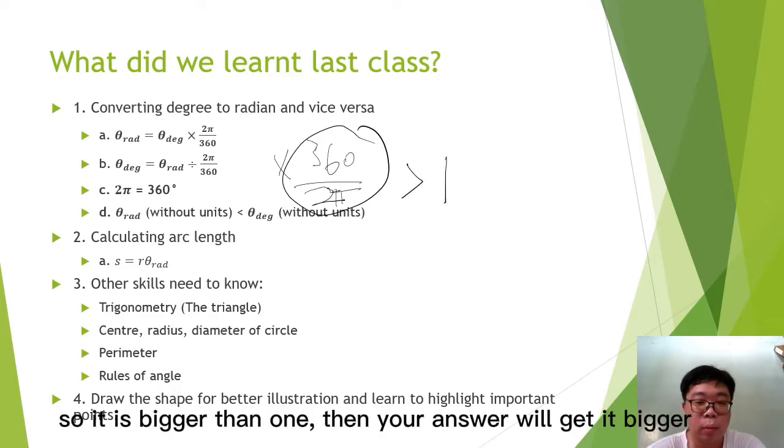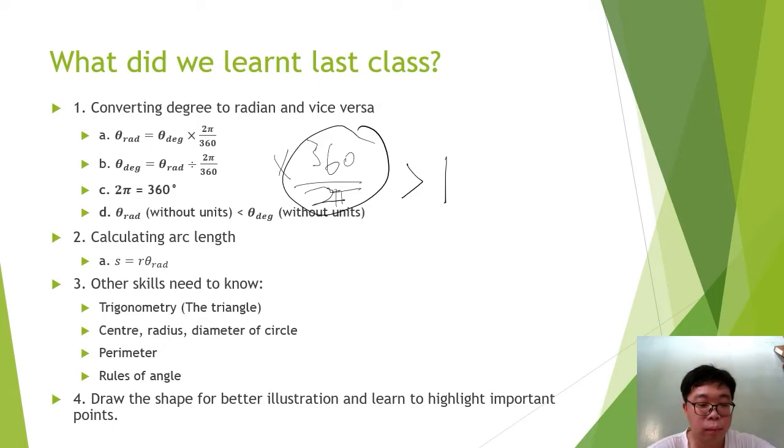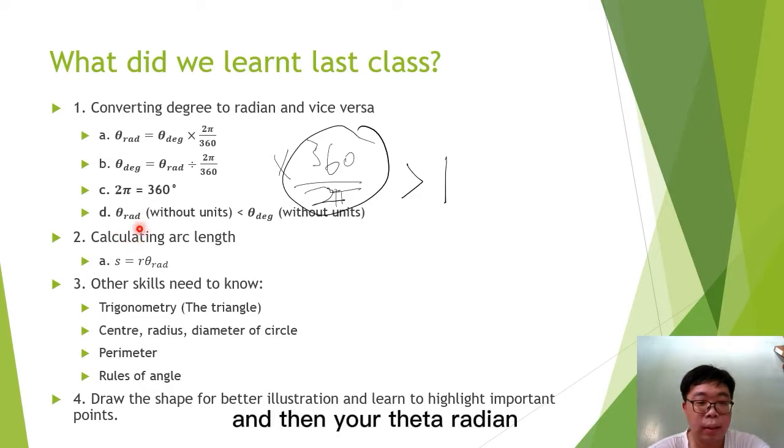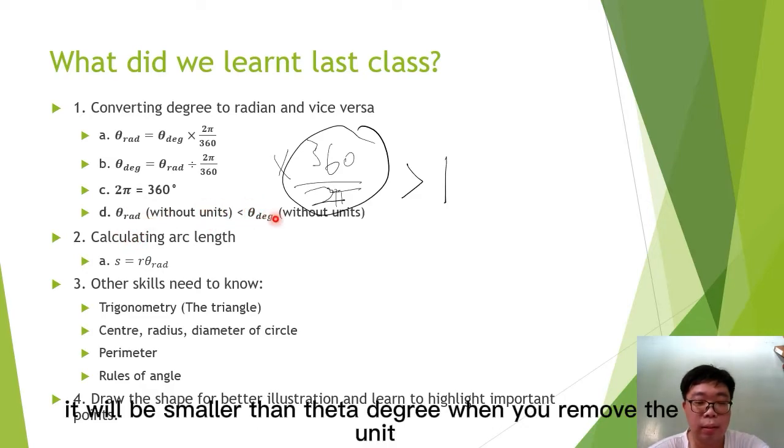So when it's bigger than 1, your answer will get bigger. And remember 2 pi equal to 360, and your theta radian will be smaller than theta degree when you remove the unit.